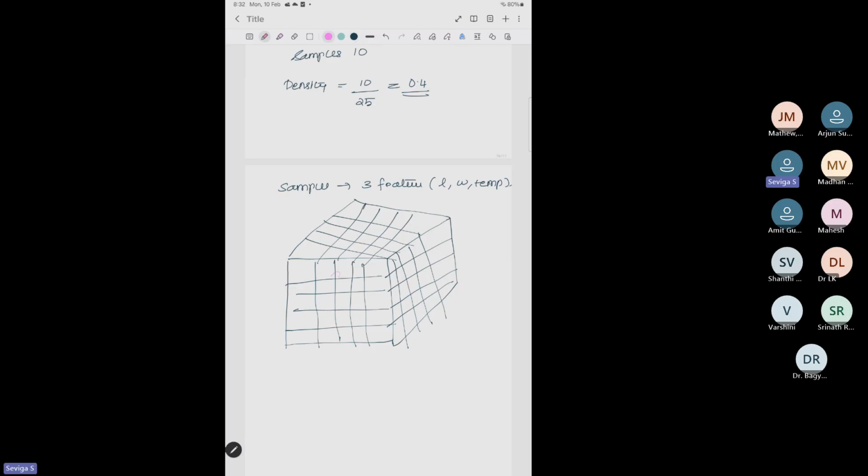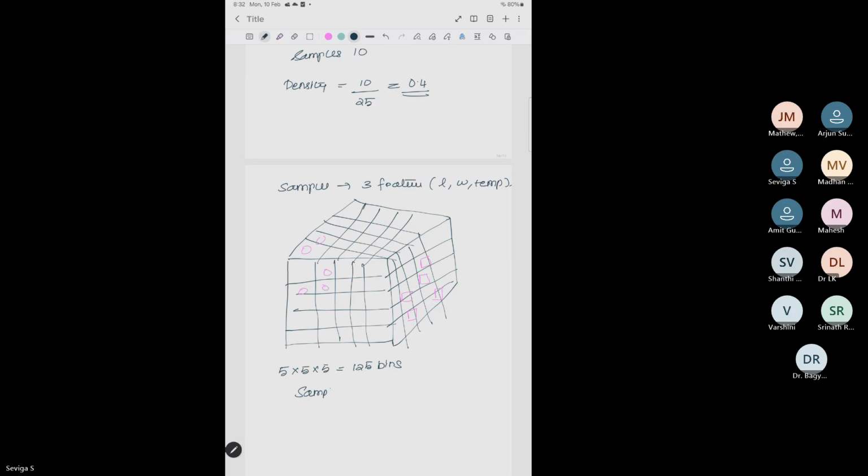Now I can draw these samples. Since we have 3 features, we have 3 sides. Each side has 5 segments. So totally we will have 125 bins.